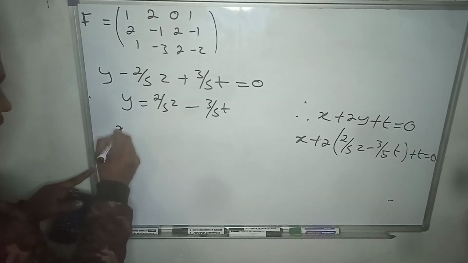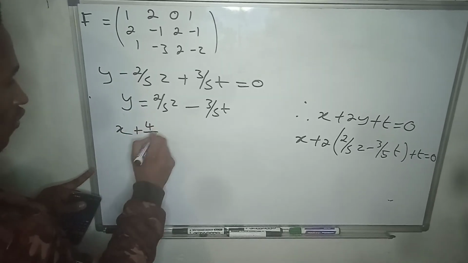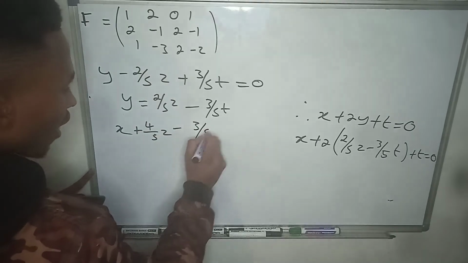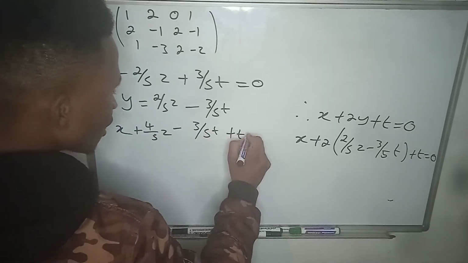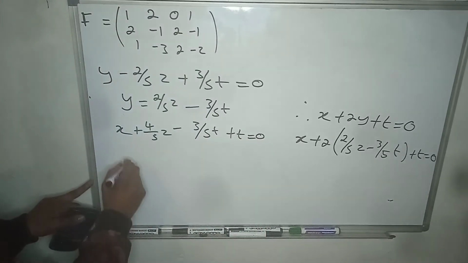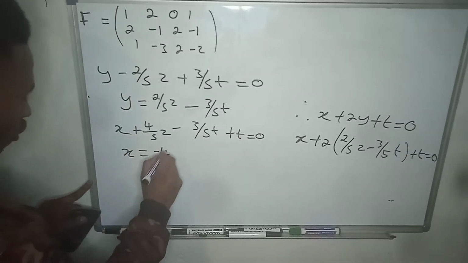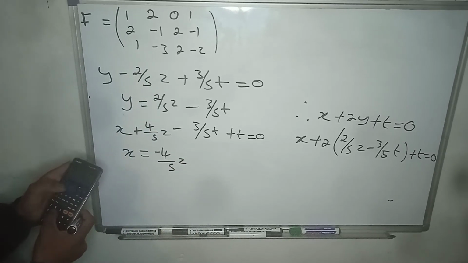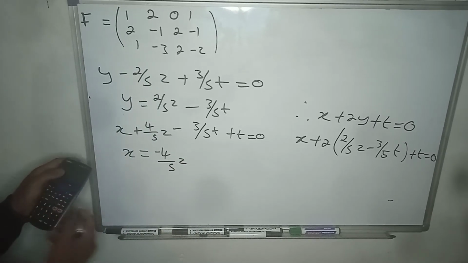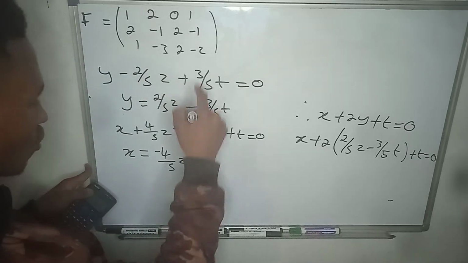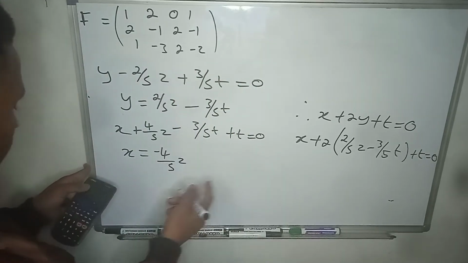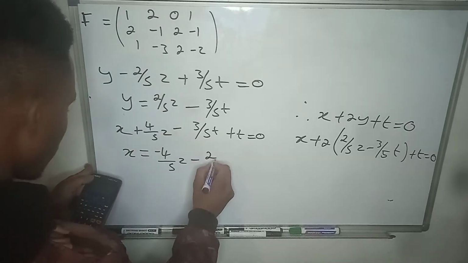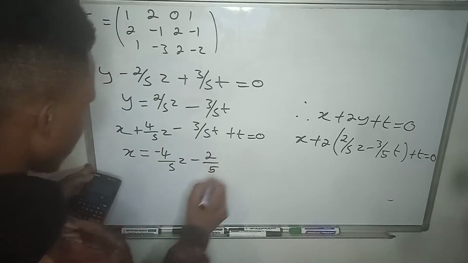So this will be x plus 4 over 5z minus 3 over 5t plus t, which is 0. So my x will be minus 4 over 5z. What is minus 3 over 5 plus t? It is 2 over 5. And then when it goes to that side, it becomes minus 2 over 5.